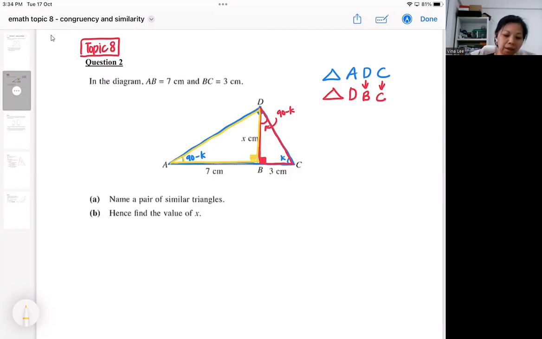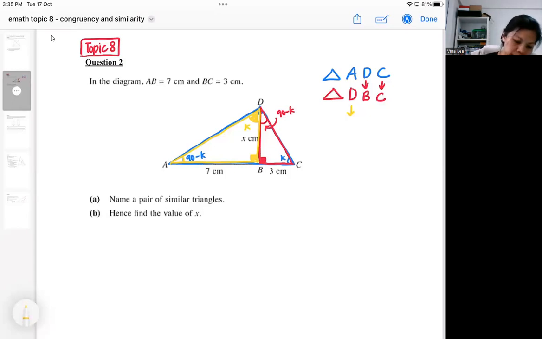And this is already a 90 minus K, so this will be a K. So I can also match this angle K with, I can also match it with A. Am I right? No. DBC. Yeah, I can match it.